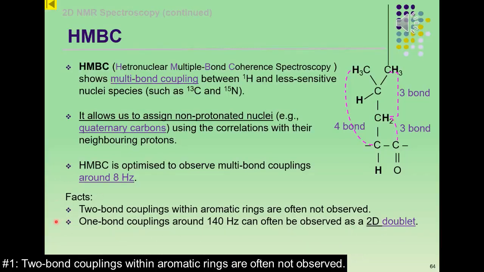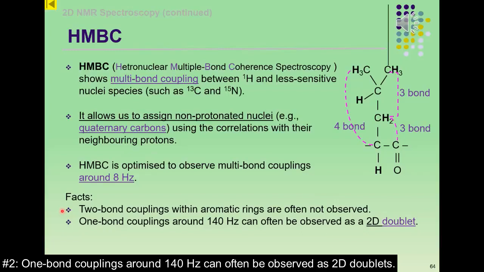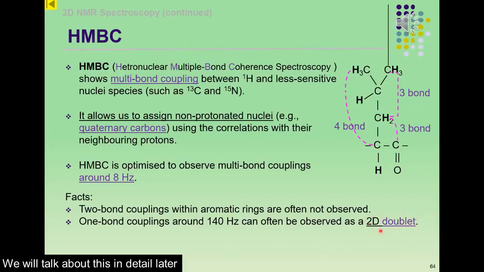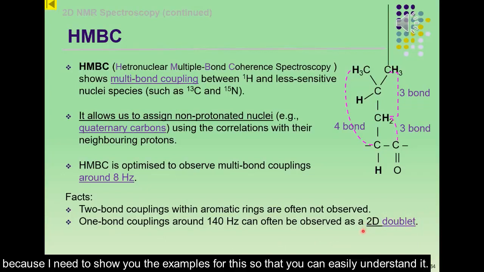One, two-bond couplings within aromatic rings are often not observed. Two, one-bond couplings around 140 Hz can often be observed as a 2D doublet. We will talk about this in detail later, because I need to show you the example for this so that you can easily understand it.